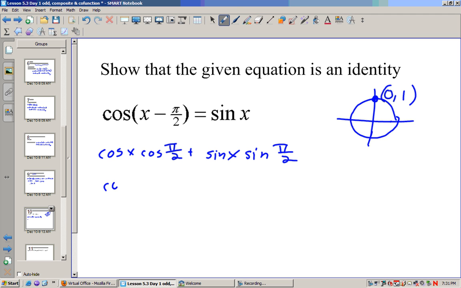So what we're saying here is we have cosine of x times 0 plus the sine of x times 1. 0 times anything is going to equal 0. 0 plus the sine of x will just be the sine of x. And we are done.